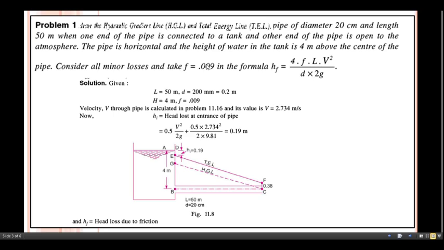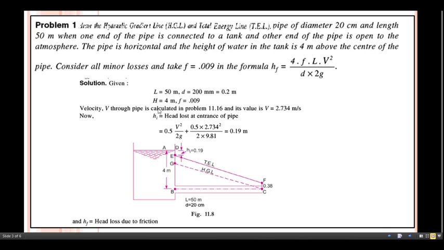To get the value for the discharge, we'll continue the same problem to draw the hydraulic gradient line and total energy line. Okay, so in this case the given data with us: length of the pipe is 50 meter, diameter is 200 mm, the value for the H is 4 meter, and the value for the f is 0.009.